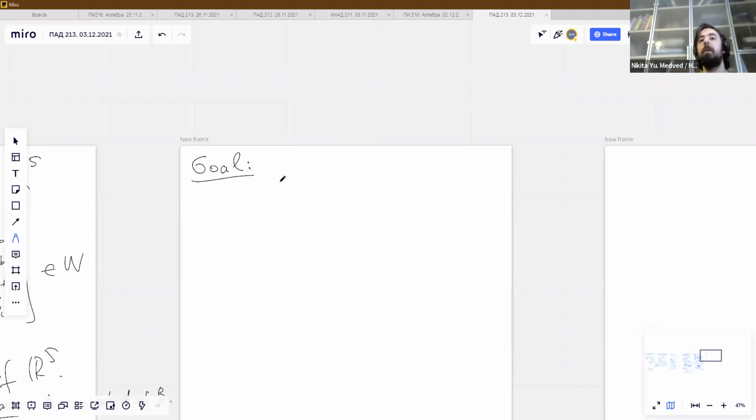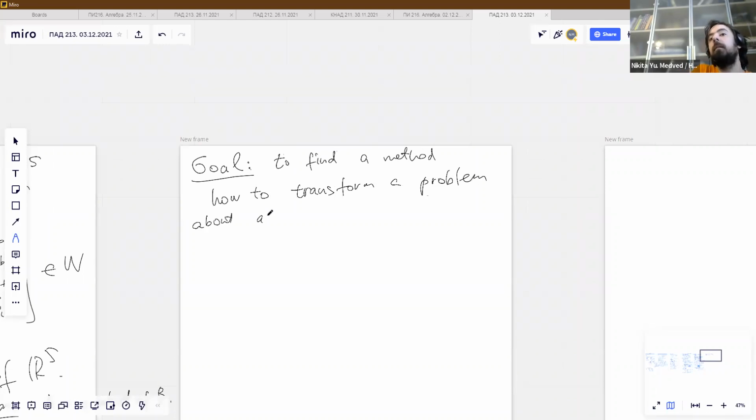The goal is to find a method how to transform a problem about any vector space V. Well, any, not really, but almost any.